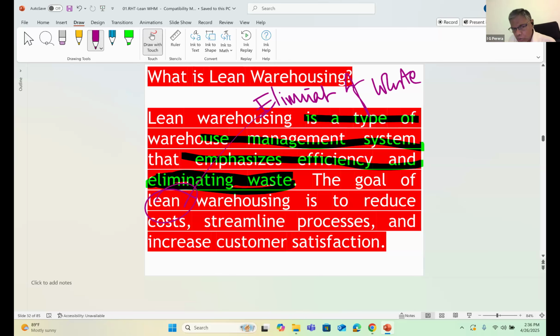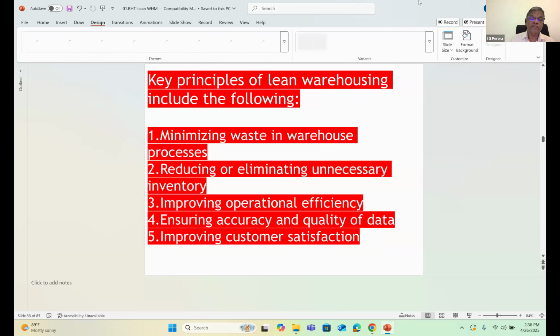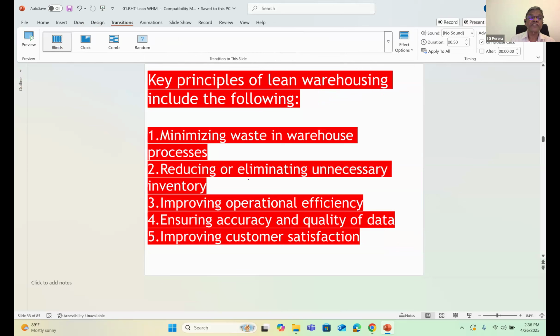So when it comes to elimination of waste, we need to understand the systematic procedure and what is the base and what are we doing. We'll come back to the key principles of lean management. Basically minimizing the waste, whatever it is, wherever it is. It can be warehouse, production, inventory management, wherever it is, you have to minimize the waste.